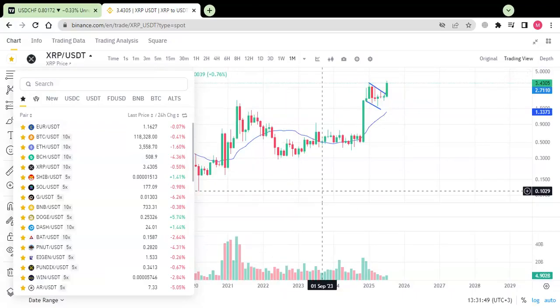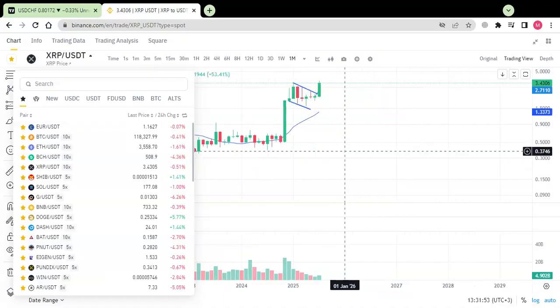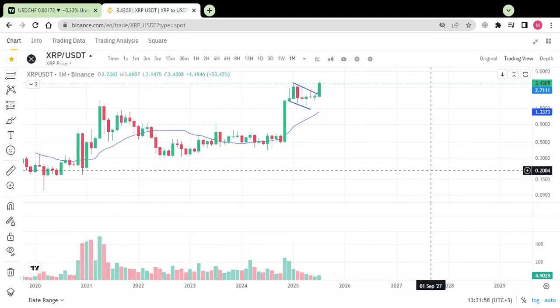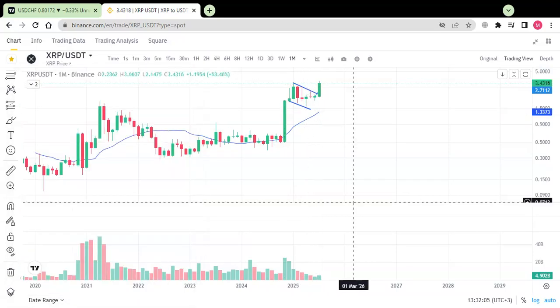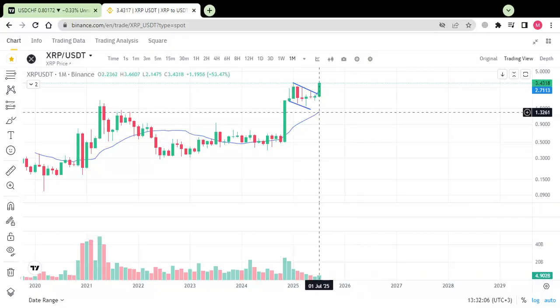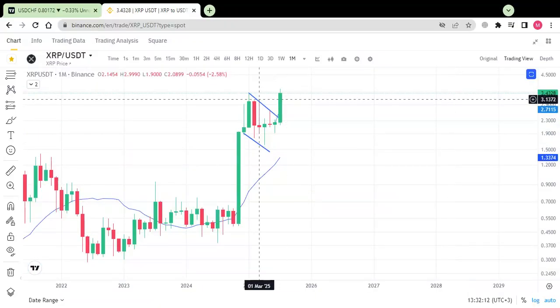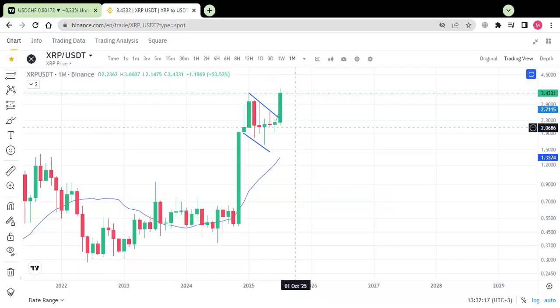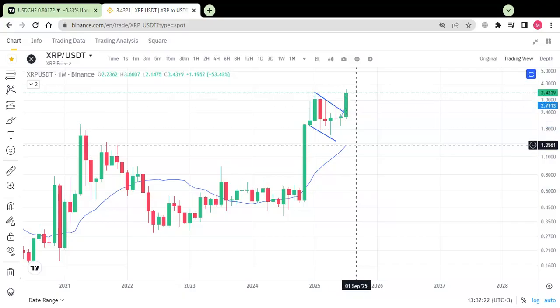The XRP also, here on the monthly chart, you will see that the price has broken the upper band of some kind of falling flag here, and it went up parabolic. But if you noticed, the week is not over yet, still have one day, and you know crypto is 24/7, so this candle is still alive.